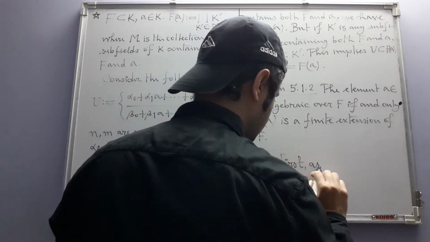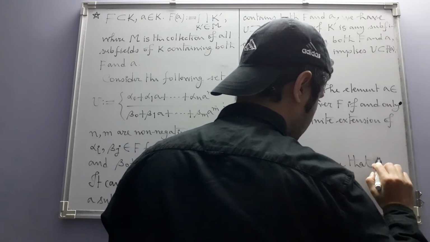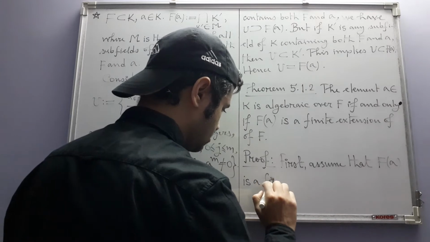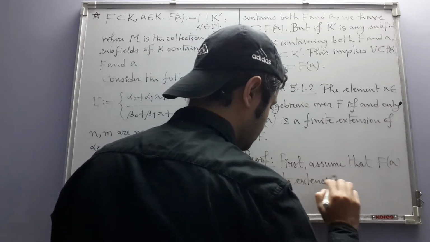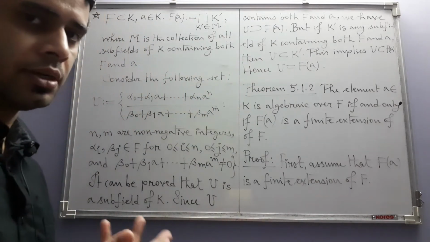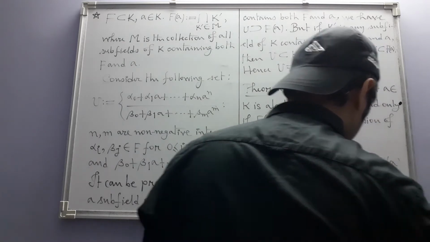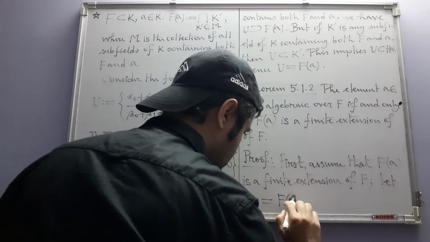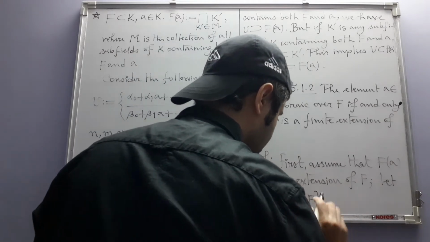First, assume that F(A) is a finite extension of F. This means the degree of F(A) over F is finite. Let m be the degree of F(A) over F. So our assumption means that m is a positive integer.